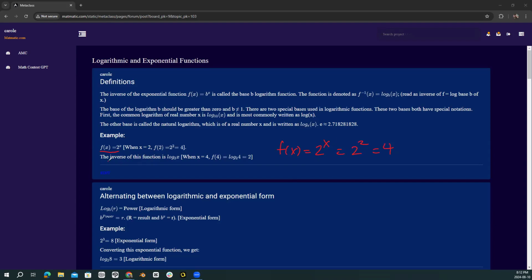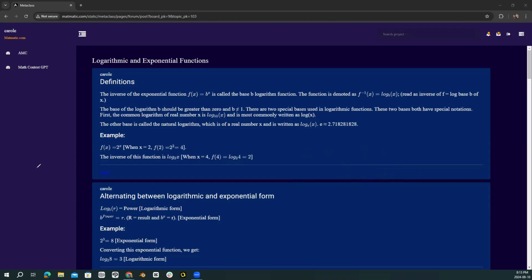And basically the inverse of this function, as I said before, is going to be log base 2 of x. And when x is equal to 4, f(4) is equal to log base 2 of 4, which gives us 2. As you can see, I'm going to explain down here how to alternate between these two forms.